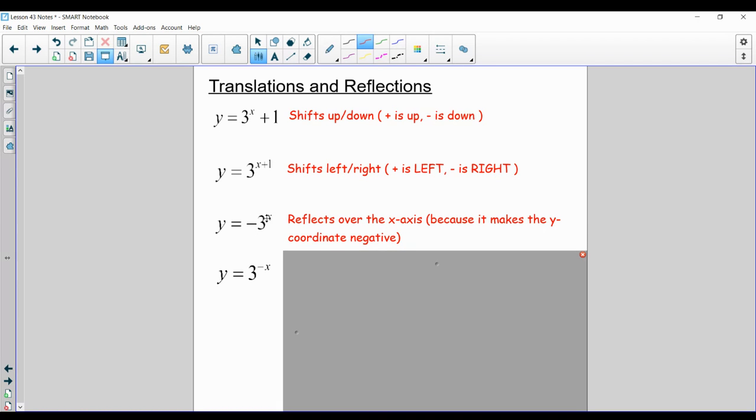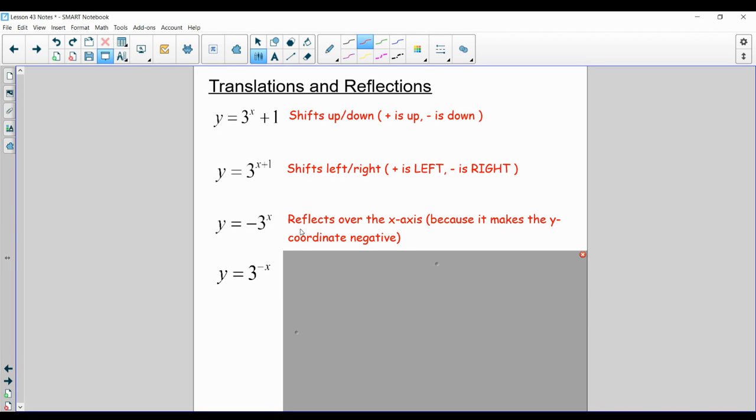If you multiply the front by a negative, now, at the beginning I said you can't have your base be negative, but this is not a negative base. This is 3 to the x multiplied by negative 1. This is not negative 3 to the x. That's different. That's not exponential, and you can't do that. This is actually 3 to the x times negative 1.